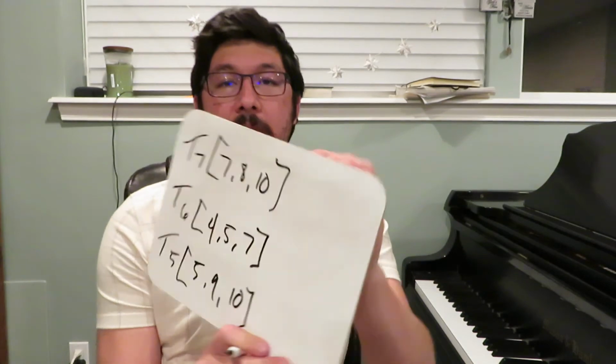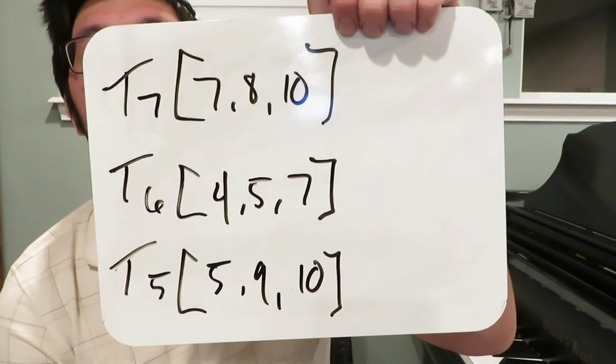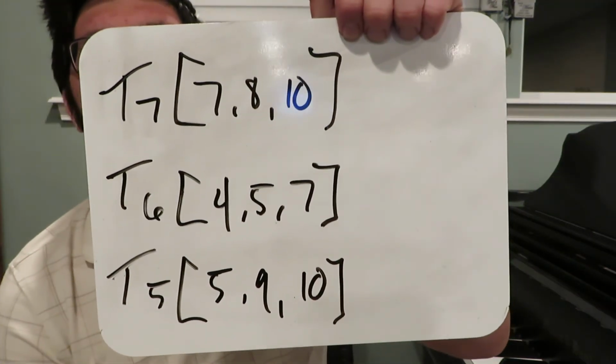And the transposition of, well, I'll just keep going, 5, of pitch class set 5, 9, 10. Go ahead and do these. Pause the video and do them. And I'll do them for you right now. I'm not going to explain them, I'll just do them for you right now. Okay?